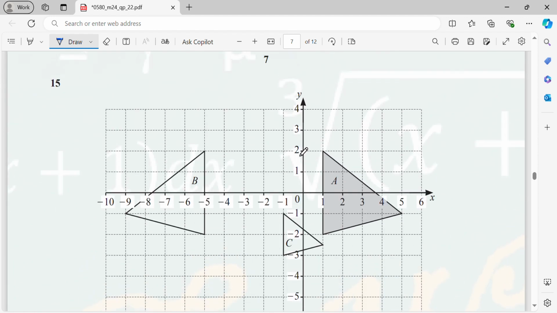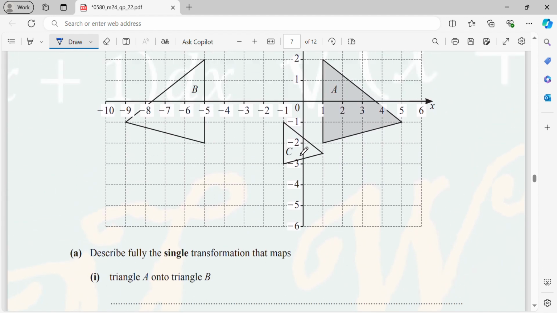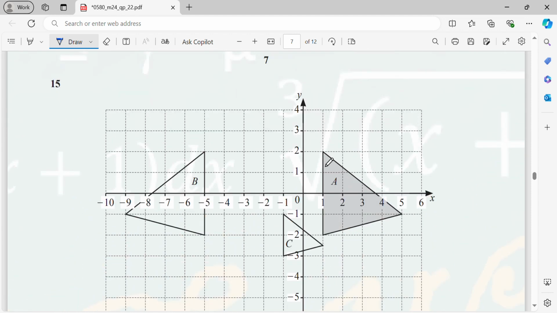Question 15. Okay, now describe fully the single transformation that maps, number 1, triangle A onto B. Right, now when you look at the diagram here, the A to B. So first of all, there's no change in the shape, still the same shape, but it is opposite, right?